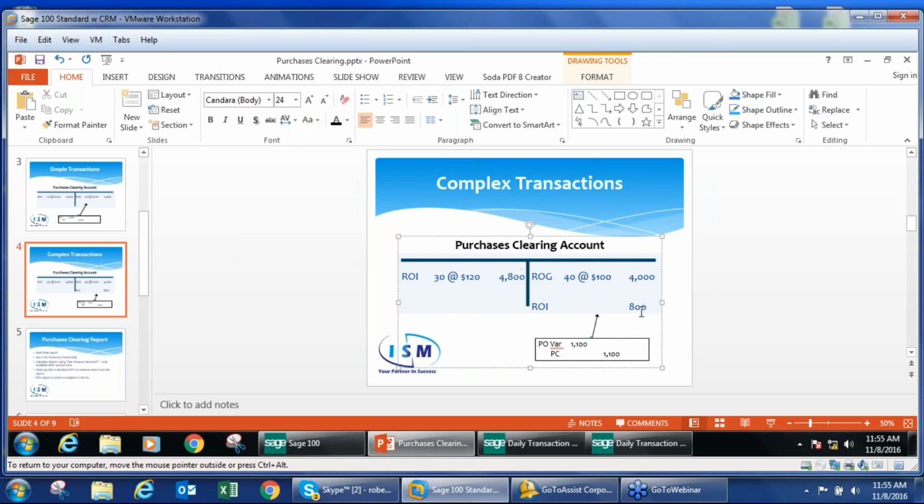Okay, and that variance is needed for us to reconcile our system, because this $4,000 is eventually going to be sold off. This inventory is going to be sold off, and it's going to become cost of goods sold, and it's going to be expensed at $4,000. Well, in reality, the goods that we purchased were $4,800.